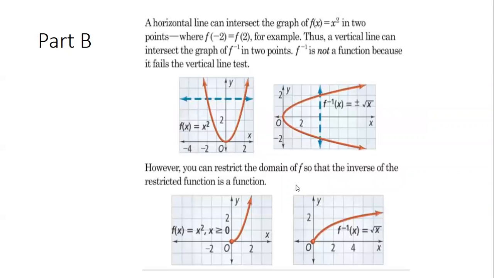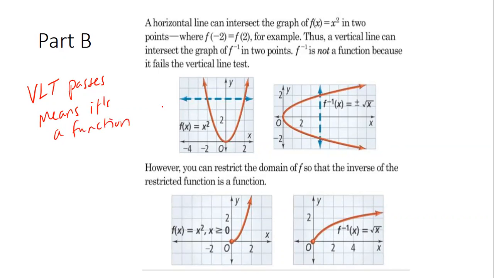Okay, so to start off with, do you guys remember the horizontal line test and the vertical line test from Algebra 1? Ringing some bells? Yeah? Okay, so the vertical line test, I'm going to write VLT for vertical line test, passes. That means it's a function, right?